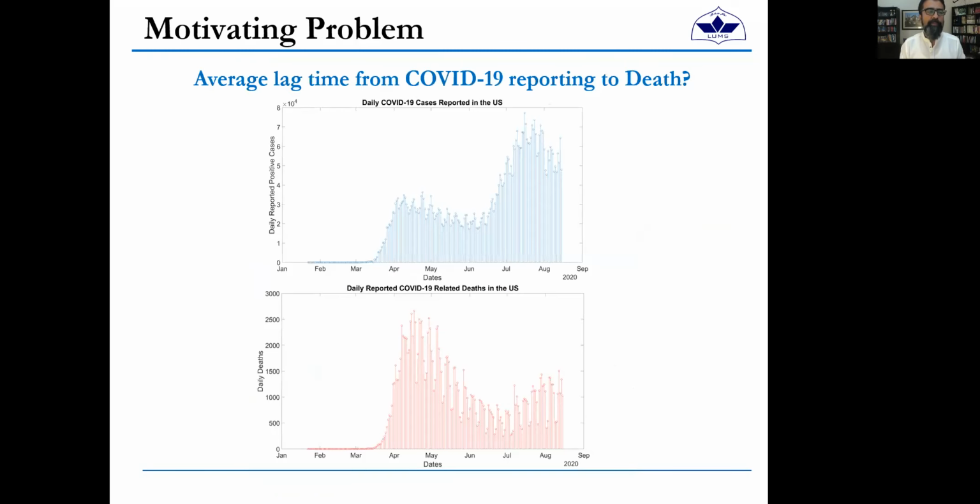Another motivating problem to show why correlation is beneficial is COVID-19 reporting of data. During COVID-19, everybody is more or less following the daily statistics that come out. A common theme that I have noticed amongst people is that even if there's a surge in cases on a particular day from before, and the number of deaths has not really increased by that much, they sort of take solace in that fact.